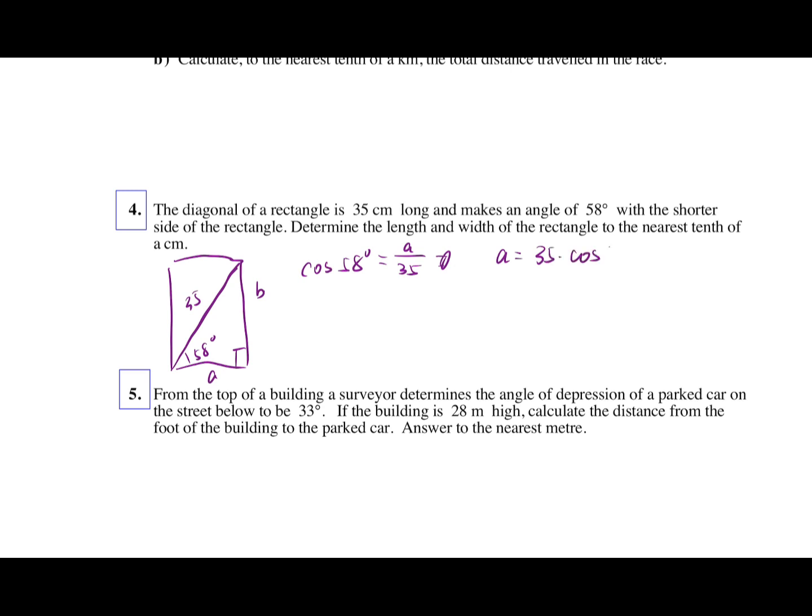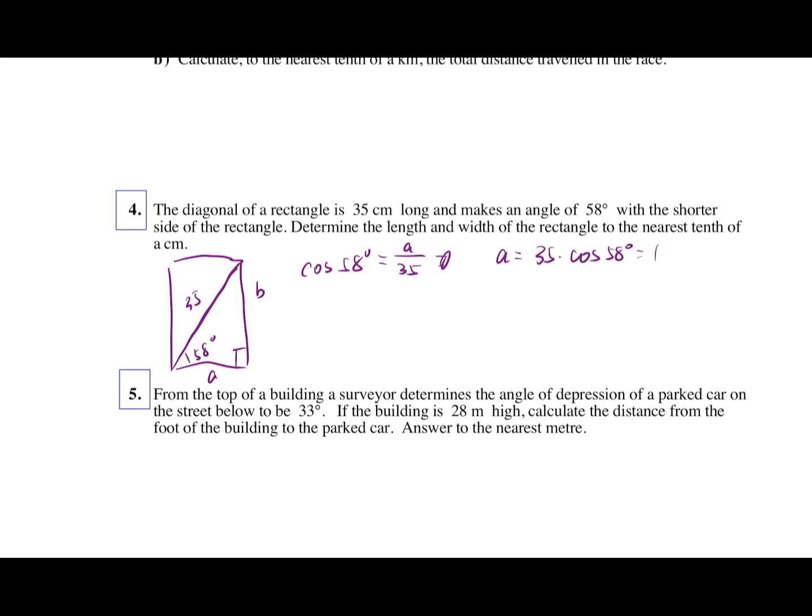Okay, and number 4. Let's draw a rectangle like this one, and this is 35, and then the short side is 58 degrees, and we need to find out the length and width of the rectangle. This is A, this is B, and now we have the hypotenuse, and this is a right angle, so we can first use cosine 58 degrees equals A divided by 35, and then A equals 35 times cosine 58.